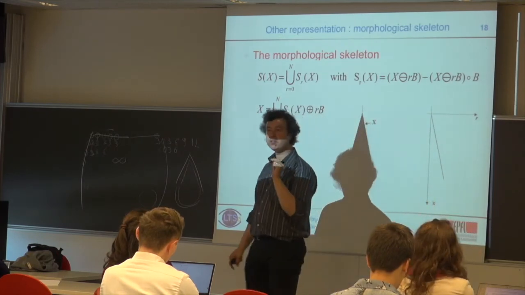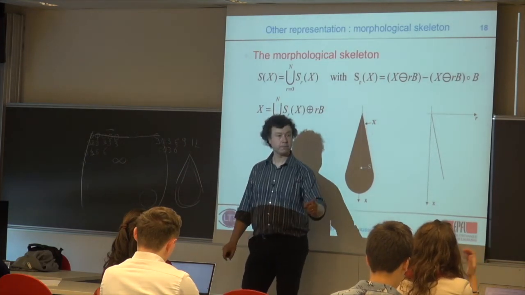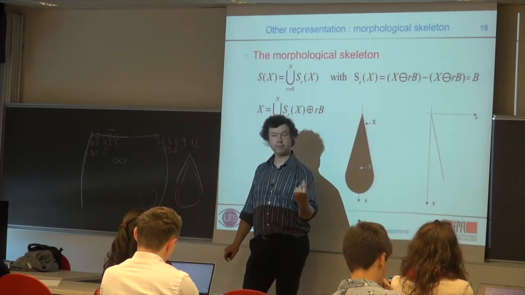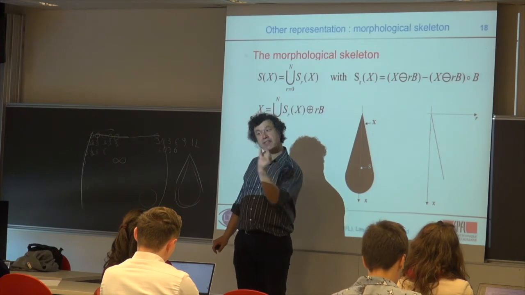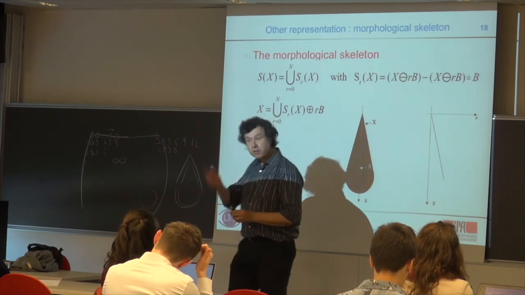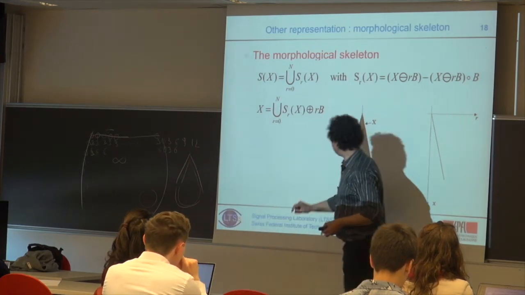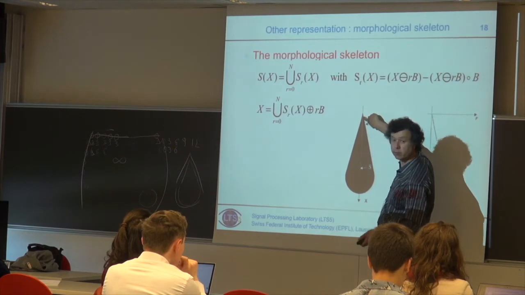What will be the result of the opening of that by b? The new tip. Still very small, smaller than my structuring element. But here now, contribution number 1 is actually this point, somewhere there.